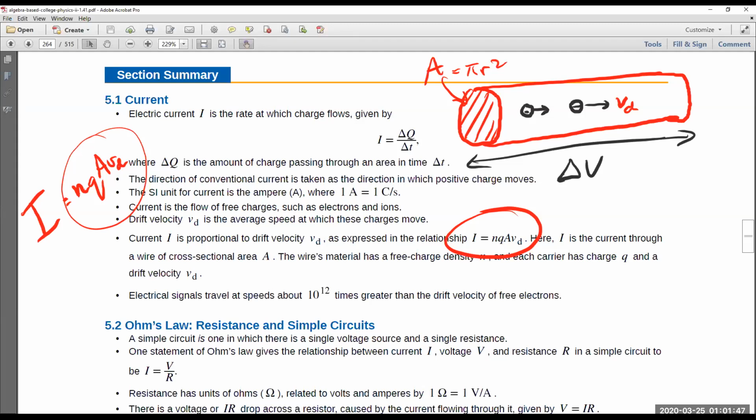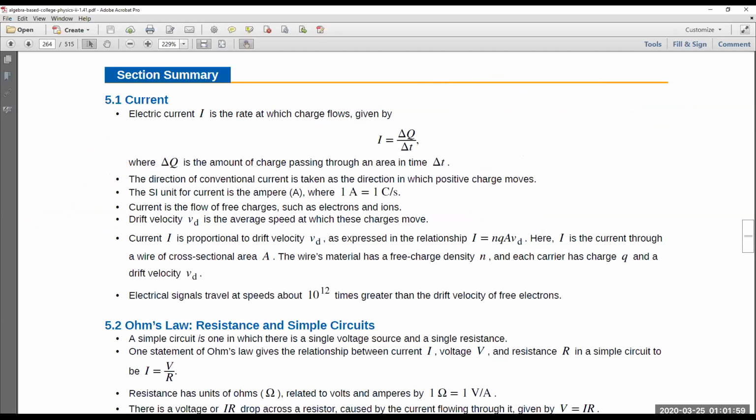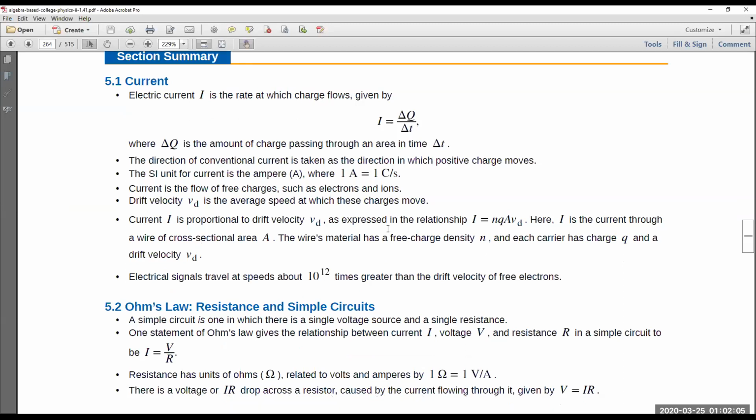And electrical signals travel at speeds about 10 to the 12 times greater than the drift velocity of free electrons. Okay, so that's the basics of electric current. That's the summary of the section on electric current.